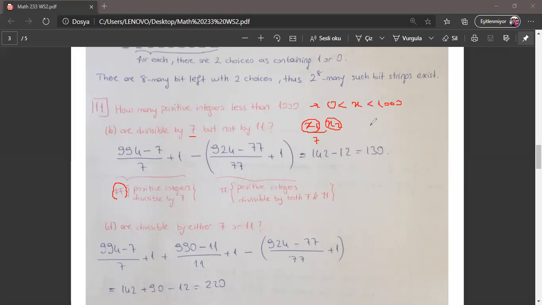Because if a number x is divisible by both 7 and 11, then it's divisible by 77, because they are prime numbers. Then, if it's divisible by these ones, it should be divisible by this one. So you compute this formula again, and you get the number of elements here which are divisible by 7 and not by 11.